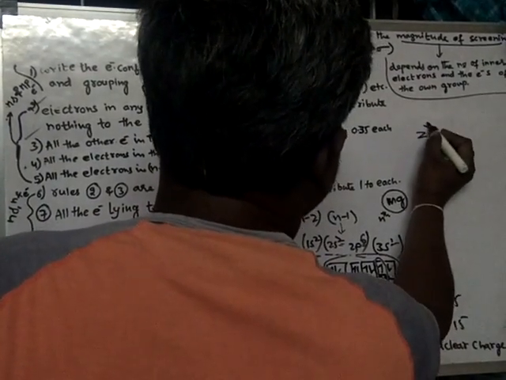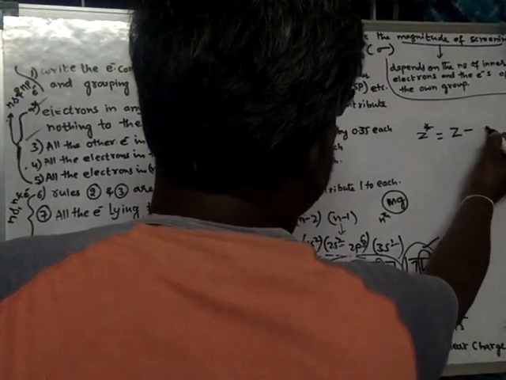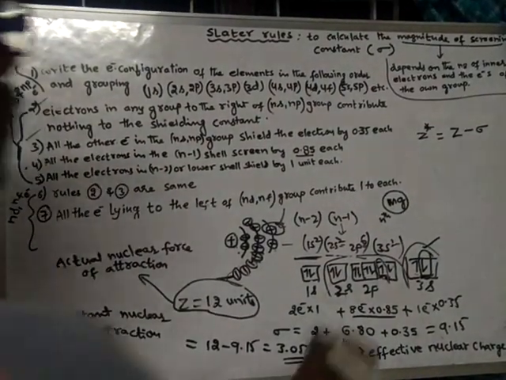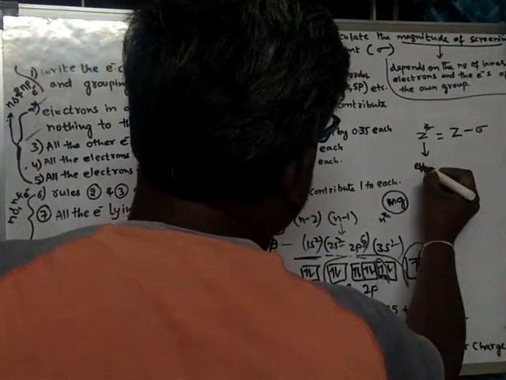Effective nuclear charge is equal to Z minus sigma. What is Z? Z is the actual nuclear charge.